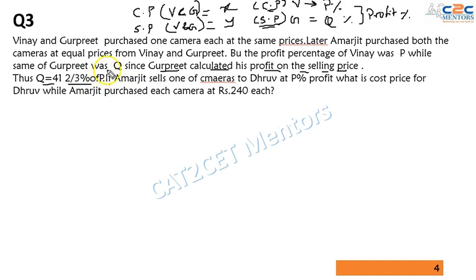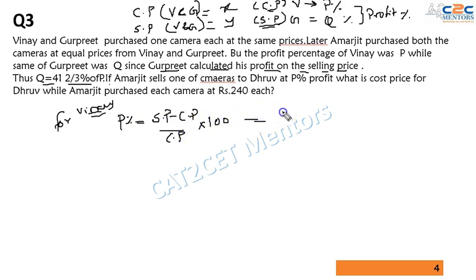Now let us analyze this question till now. We know that the profit percentage of Vinay is P% and he has calculated it correctly with the base as the cost price. So for Vinay, the profit percentage P is nothing but selling price minus the cost price upon the cost price, multiplying this by 100.